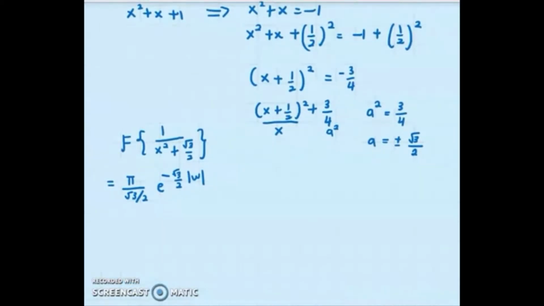I hope you're with me. Now, if you look at that, we need to use a Fourier translation formula to change this one, because we have x plus half, not x squared.